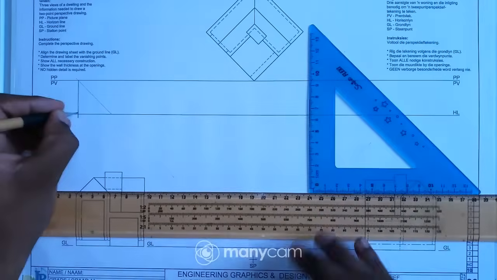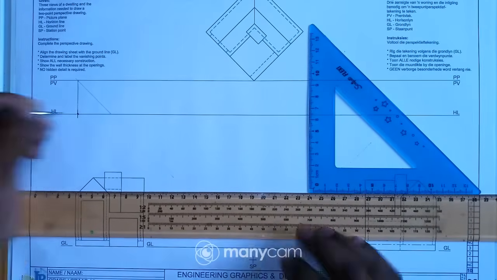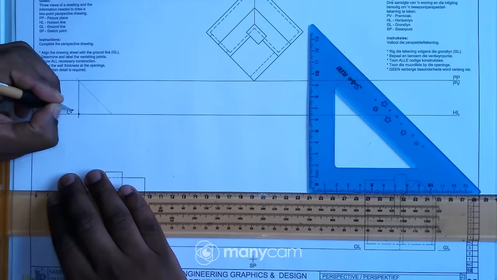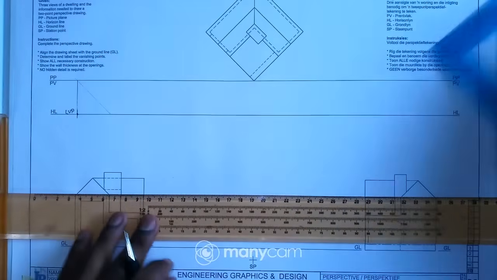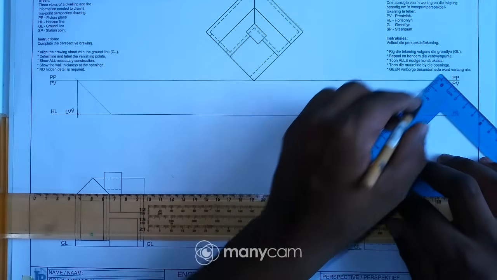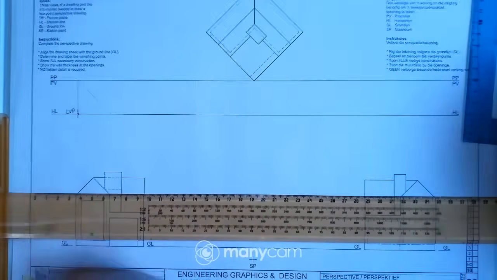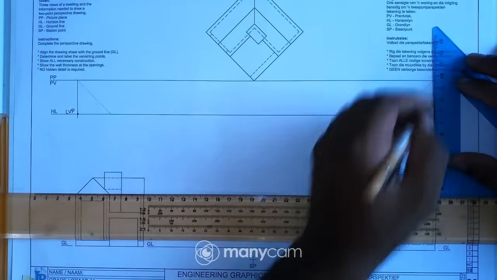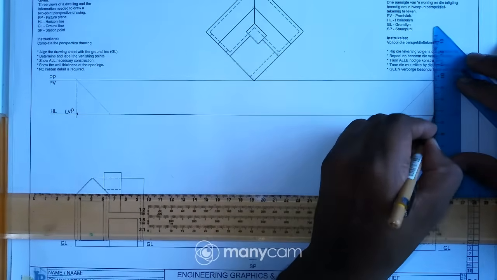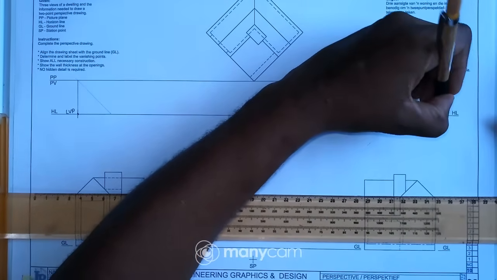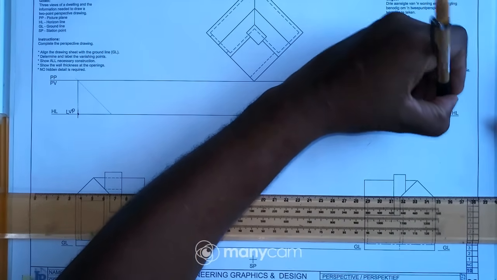So I have my left vanishing point there, and please do not forget to label the point. And then even my right vanishing point, I have to extend that line up to the picture plane, and then I have a point there. I drop down that point to the HL right there. Okay, so I have my right vanishing point.